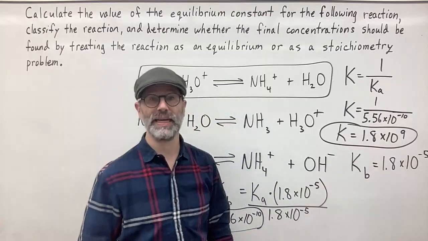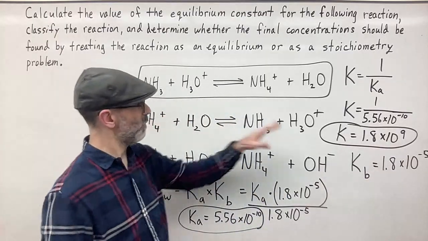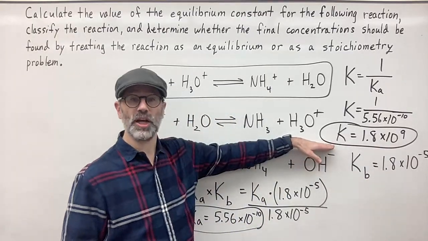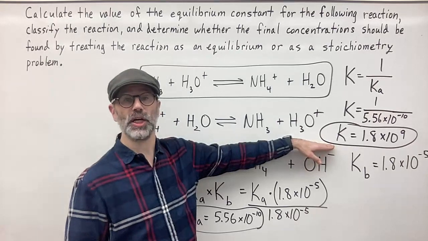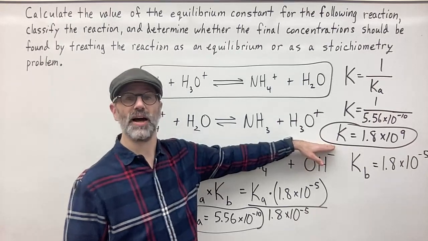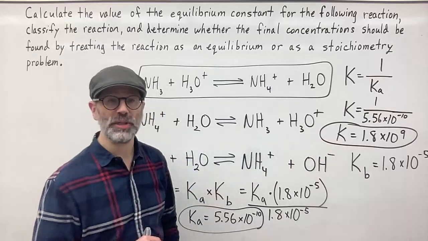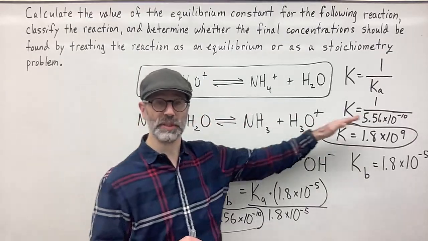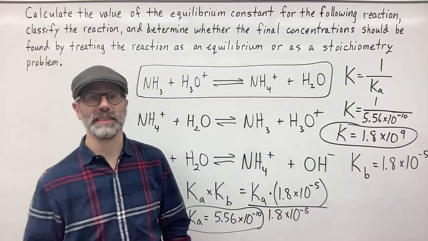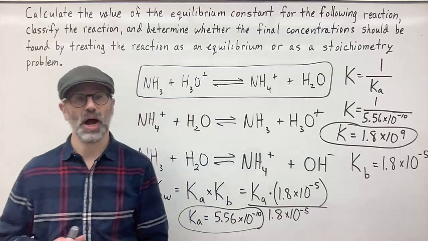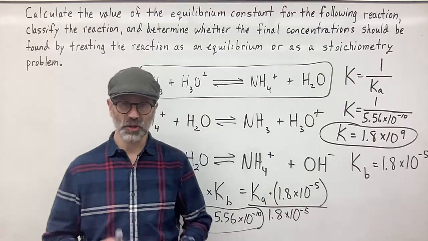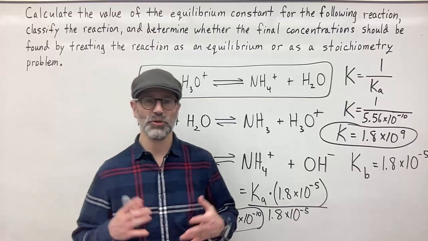So basically this means that the equilibrium lies very close to the products. It favors the products very heavily, so this is pretty much going to go to completion. So we would treat this as a stoichiometry problem for that reason. And so that's how you answer this question and do this problem.